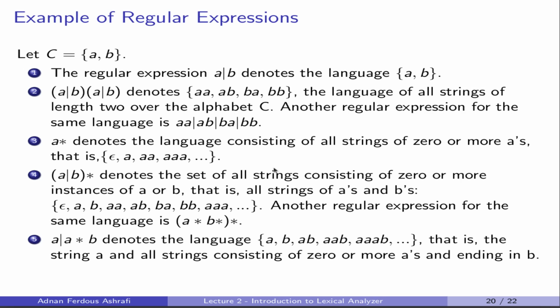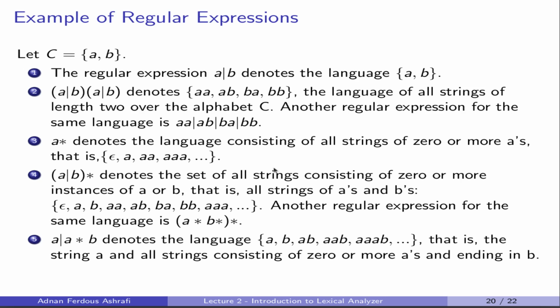Alright. Finally, one more example, (A or A star) B denotes the language B, AB, AAB, AAAB, and so on, right? That is the string A and all strings consisting of 0 or more A's and ending in B. Notice here, what does this or actually apply to? This or is not with the whole A star B. Think about it: this or is only between A and A star. So there can be 1 A or A star, and the string ends with the character B, right?